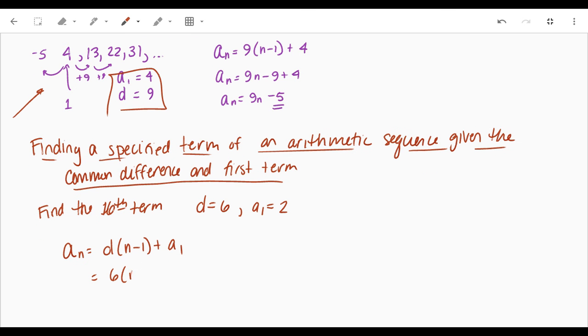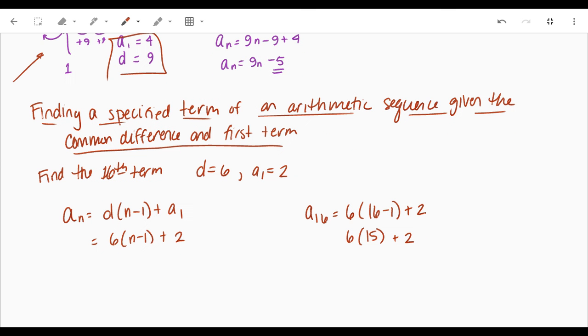So it's 6 times n minus 1 plus 2. So our 16th term will be 6 times 16 minus 1 plus 2, which is 6 times 15 plus 2. So that's 90 plus 2, which is 92.